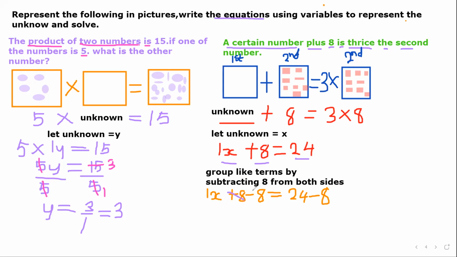Now, this positive 8 will cancel this negative 8. So we have 1x equal to, when you subtract the 8 from 24, we get 16.